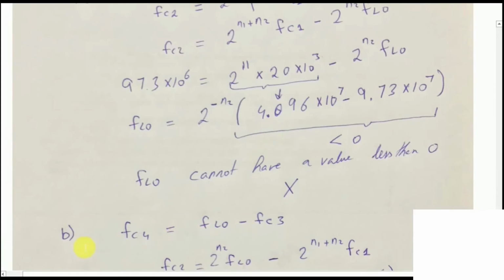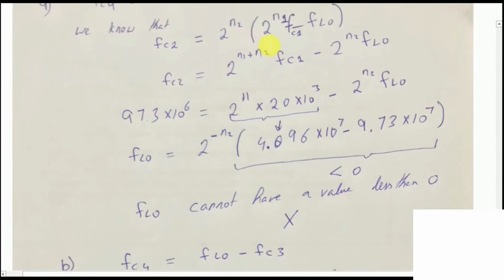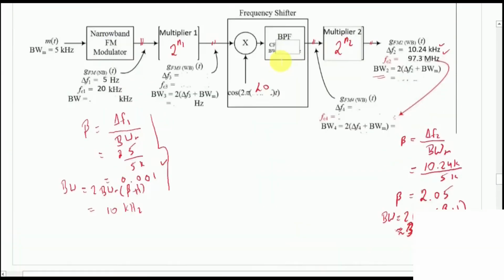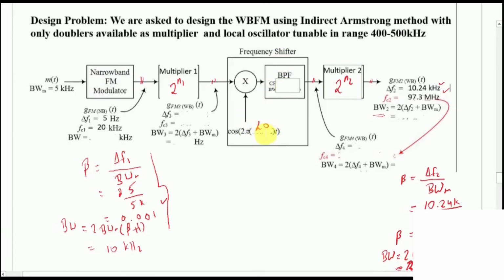So next we move on towards the second option, that is the local oscillator minus FC3. Again the same procedure, that you would have a local oscillator minus FC3. So you know that 2 power n2 is multiplied by everything. So 2 power n2 would be multiplied with the local oscillator, and then there will be a minus sign, and then 2 power n2 would multiply with 2 power n1, and then it will be multiplied with the carrier frequency FC1, which is 20 kilohertz, right?